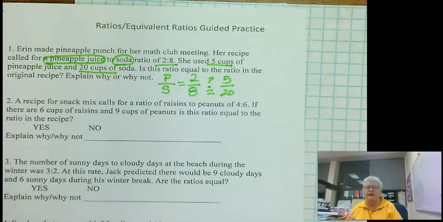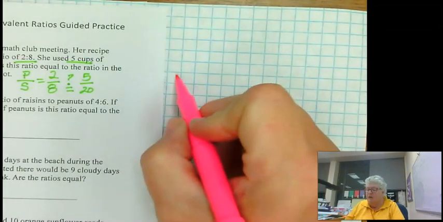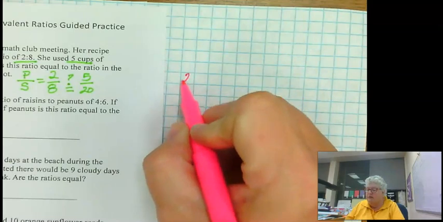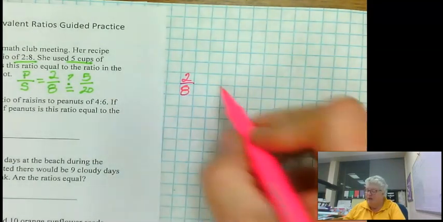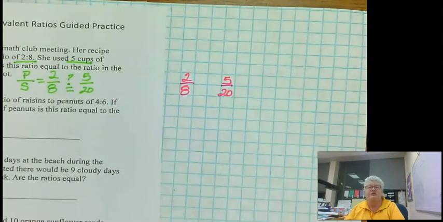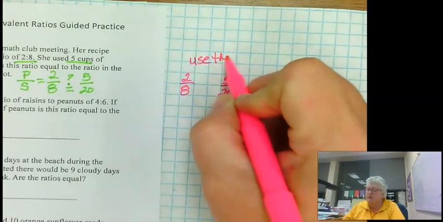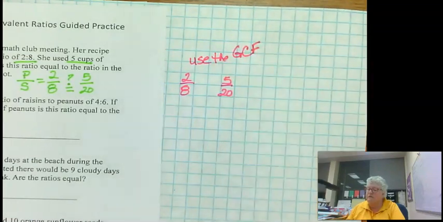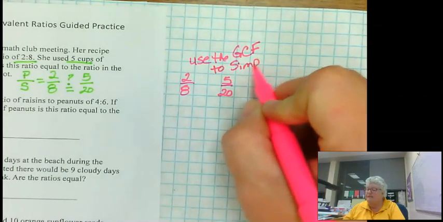I'm going to use my handy dandy graph paper here so I have more room. So if I've got 2 to 8, that looks like a fraction to me. And I've got 5 to 20, and that looks like a fraction to me. Well, I know that I can use the GCF to simplify.